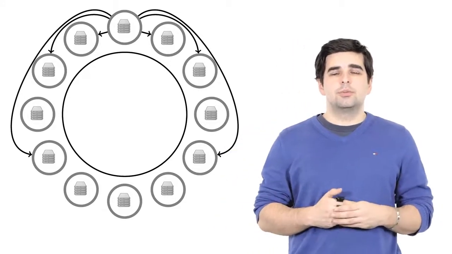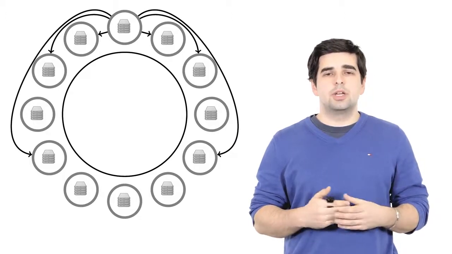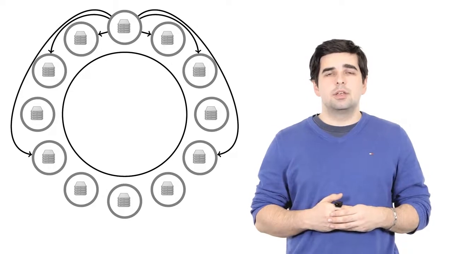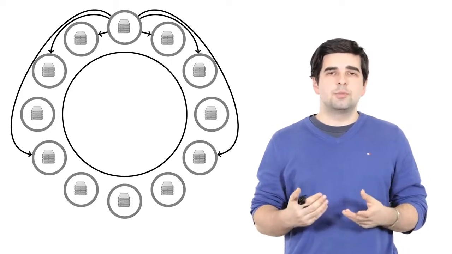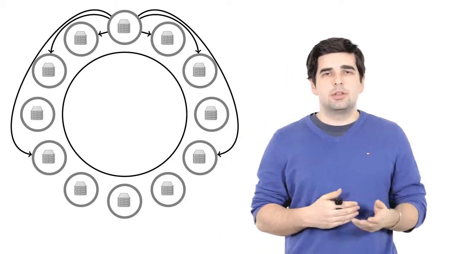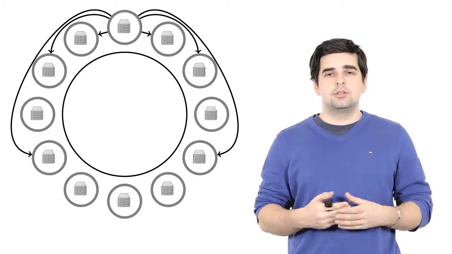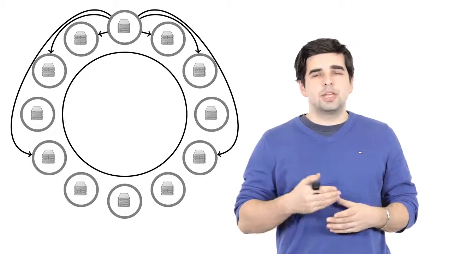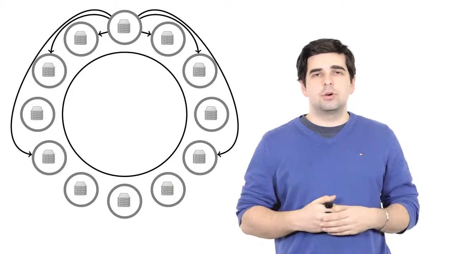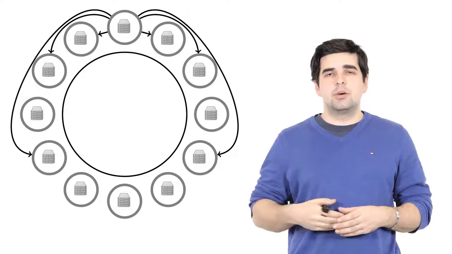So each node will contain a logarithmic number of links to other nodes, which is much better than storing all the other nodes. And if we need to come to some key from some node that doesn't contain it, we'll first jump in the direction where the distance to the key decreases, and we'll jump as much as we can. If the computer at distance 8 is closer than our computer to the key, we will jump at least by 8.